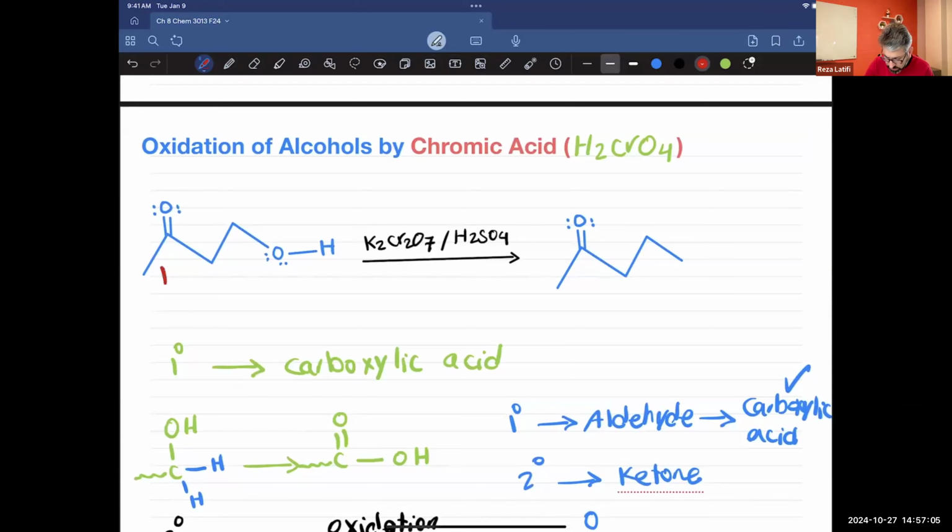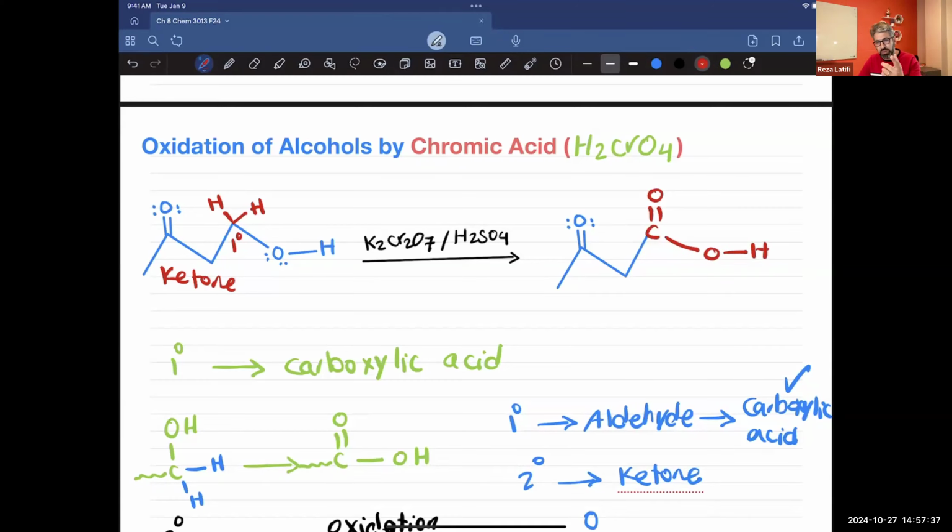Okay, now what do I have here? I have a ketone, and this ketone doesn't have any alpha hydrogen attached to it. But here we have a primary carbon, and that primary carbon has two hydrogens attached to it. So what will happen? The primary alcohol is going to turn to carboxylic acid. We will have this carbon, and that carbon is going to turn to a carboxylic acid.